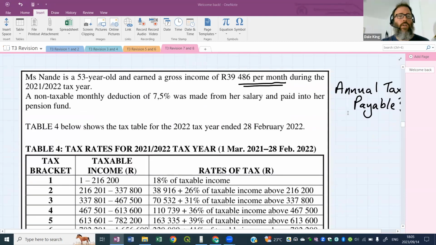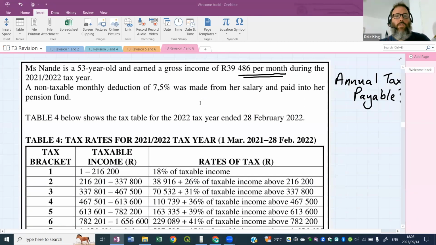So there's the scenario. This 53-year-old earns a gross income of 39,486 per month. And also there's a non-taxable monthly deduction of 7.5% from her salary and paid to her pension. Now, we know that pensions are non-taxable, but they're also telling us that it's non-taxable as well.